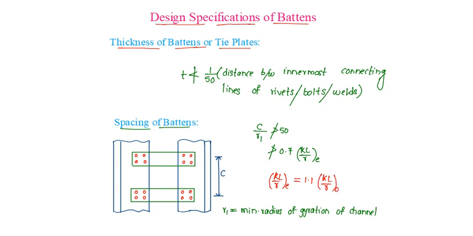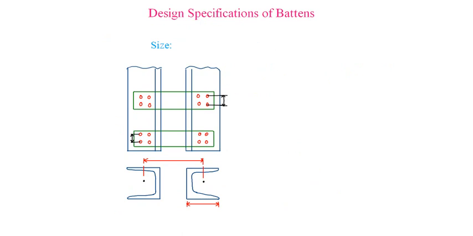The spacing is fixed in this format, and then the size of the batten, that is the width of batten, is equal to the effective depth plus 2 times the end distance or edge distance.